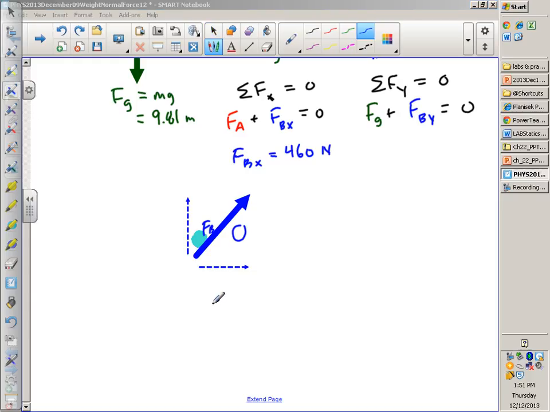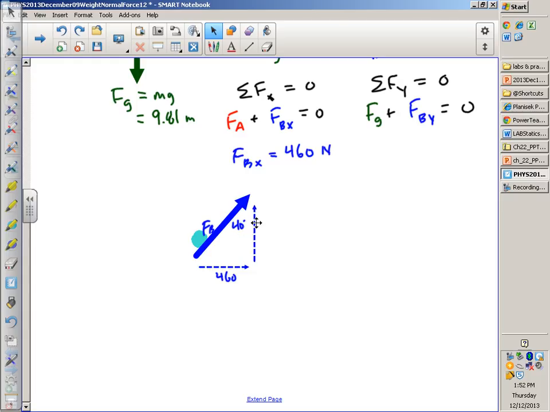We just learned that this component here is 460, okay? And even though it didn't come with my cloned version of this, the picture told us that this angle here was 40, right? Most of the time that we were using and finding components for vectors, we had this in the form of a triangle, yes? So we can move that y component over here and make a triangle out of this.